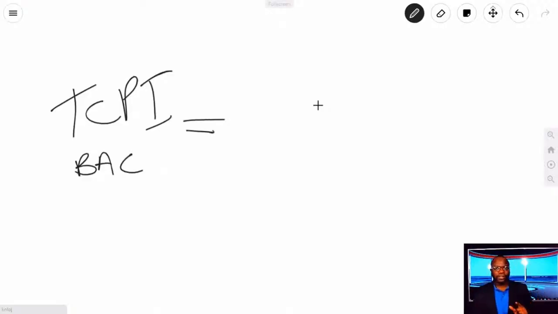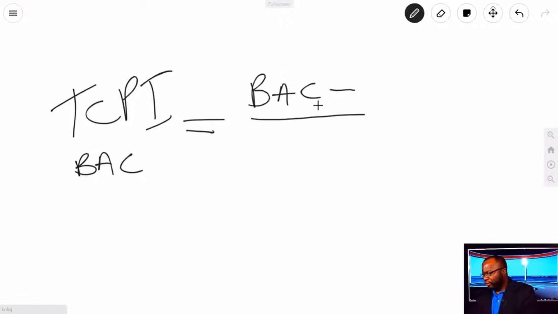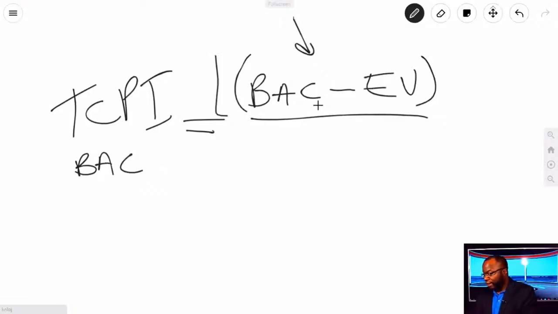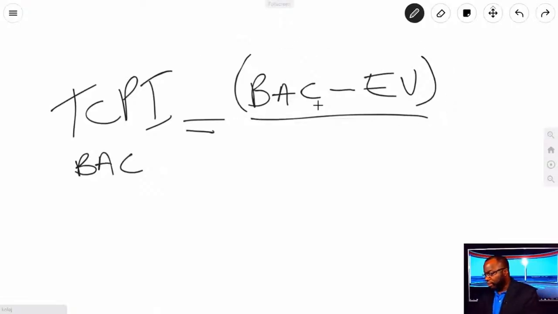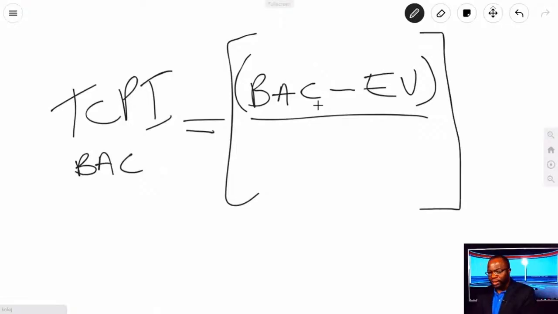Tell us what is the state of your project right now. The TCPI is going to be the budget at completion minus earned value. You see why I keep saying this? This is a recurring theme. You're going to come across it multiple times.